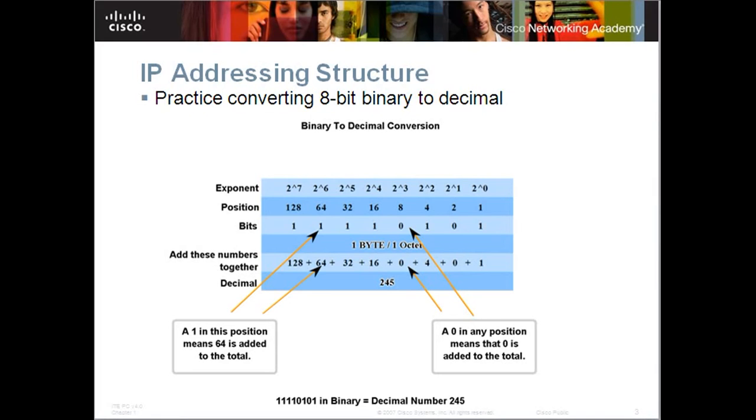You will be able to calculate the subnet mask as well as the IP address of the network. So that's the conversion: a binary number like 11110101 is converted into a decimal number, which is 245. Initially we'll discuss how to convert binary to decimal and decimal to binary.